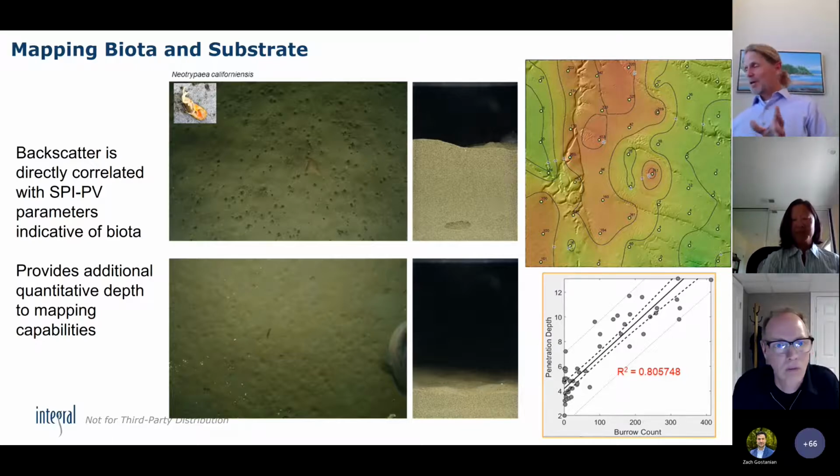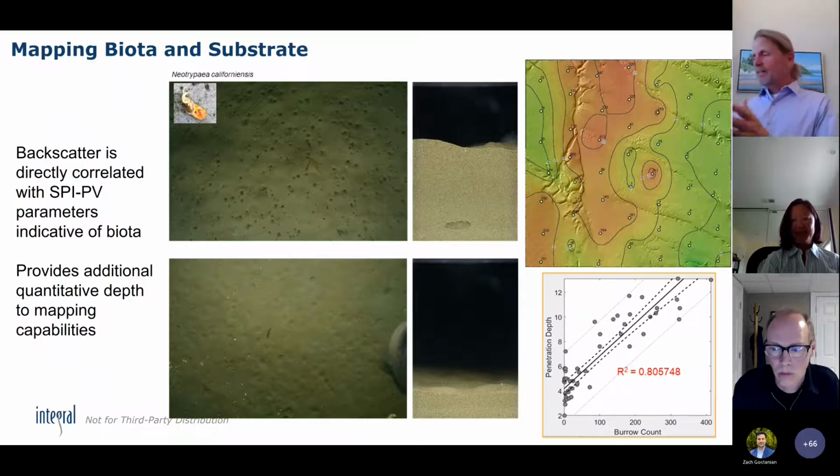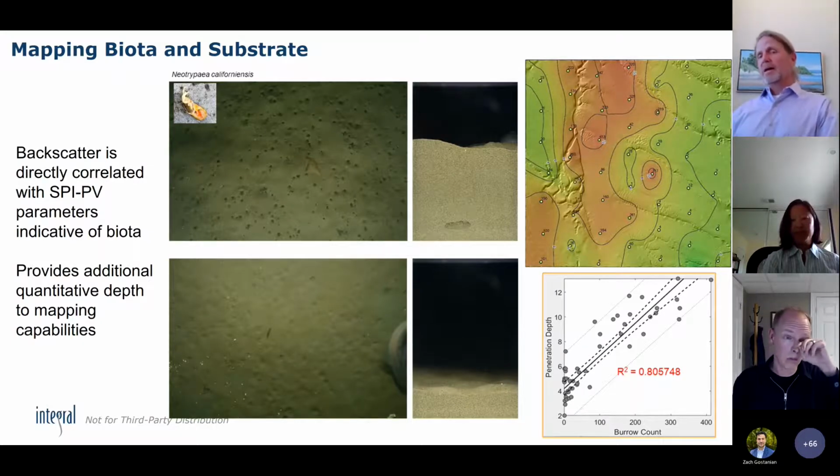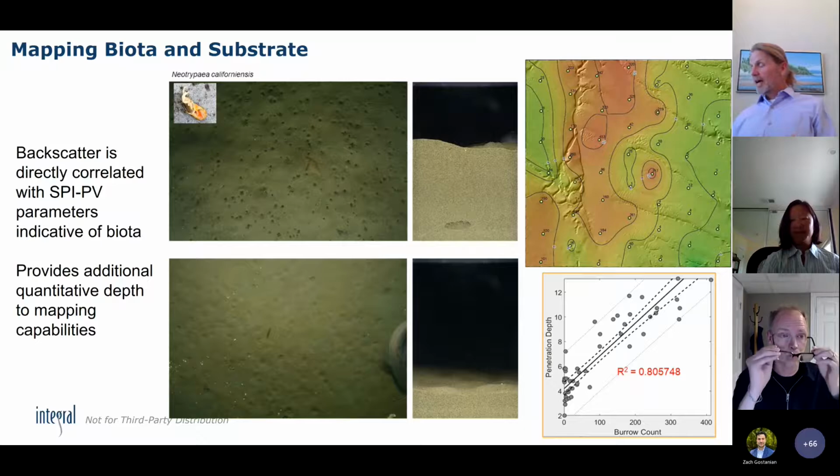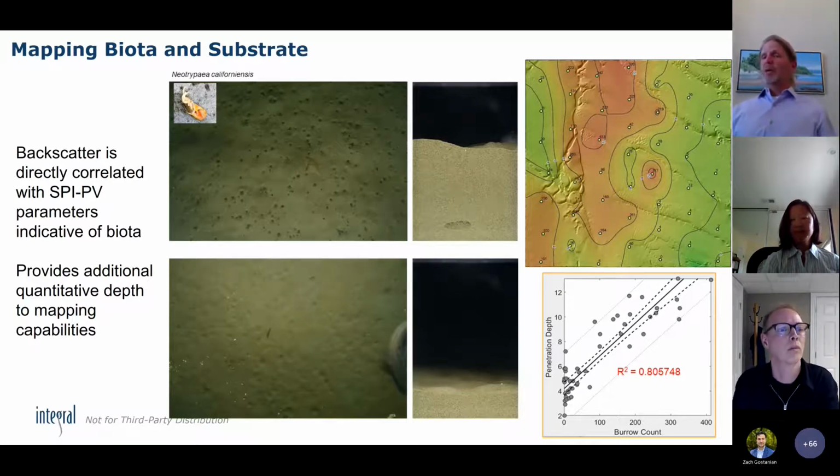That's all qualified to small scale physical disturbance. So anchoring in these areas is not anticipated to have a large effect on the benthos. However, what we're demonstrating is that tools like SPY and the multi-beam backscatter used together can provide a valuable way to validate those types of assumptions.